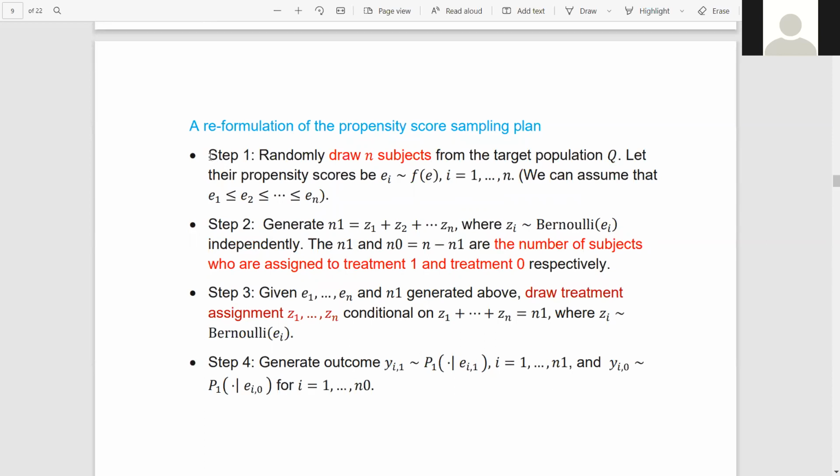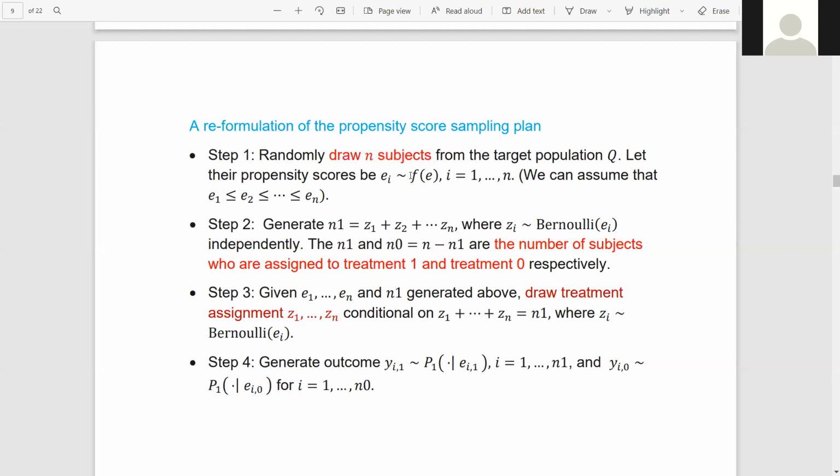So this one will tell us, when you have an estimator, how much variation do you have? Okay, so we're going to decompose the whole variation into 4 parts. The first part is if you draw a sample of n subjects, then you get this EI. So you have E1, E2, and EN.